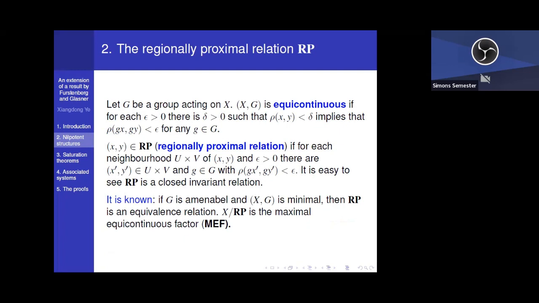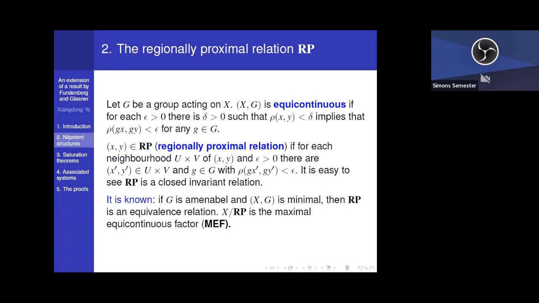A system is equicontinuous if two points are close, then the actions gx, gy should be close. For the regionally proximal relation, for every neighborhood U and V of x and y, you can find x', y' and g in G such that the distance is small.